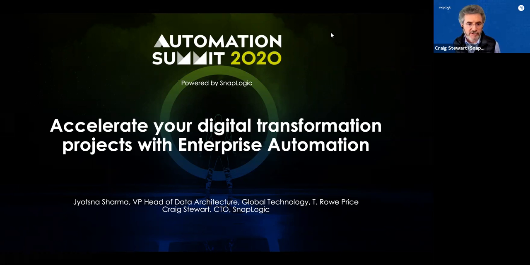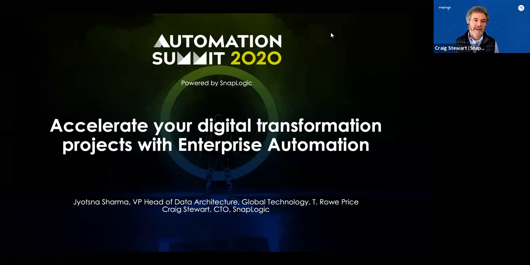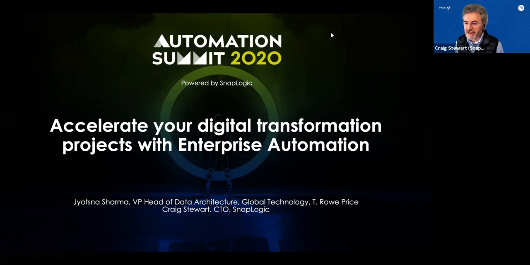So my name is Craig Stewart, CTO at SnapLogic. Many of you may have seen me doing the keynote earlier. I'm very pleased to have you join us today. I'm joined by Jyotsna Sharma, the VP of Data Architecture of Global Technology at T. Rowe Price.